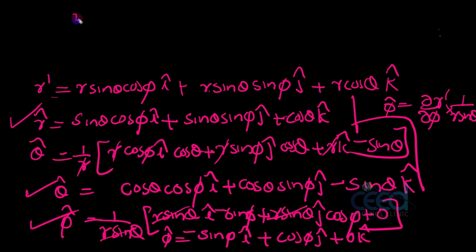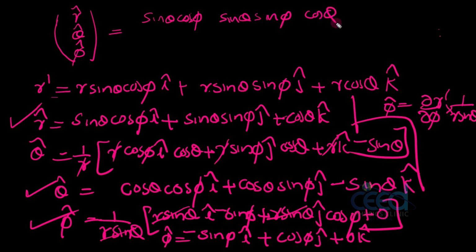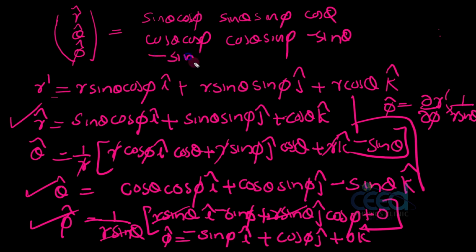So I can represent r̂, θ̂ and φ̂, the unit vectors in spherical polar coordinates, as: sin θ cos φ, sin θ sin φ, cos θ; then θ̂ is cos θ cos φ, cos θ sin φ, minus sin θ; and lastly minus sin φ, cos φ, 0, multiplying î, ĵ, k̂.